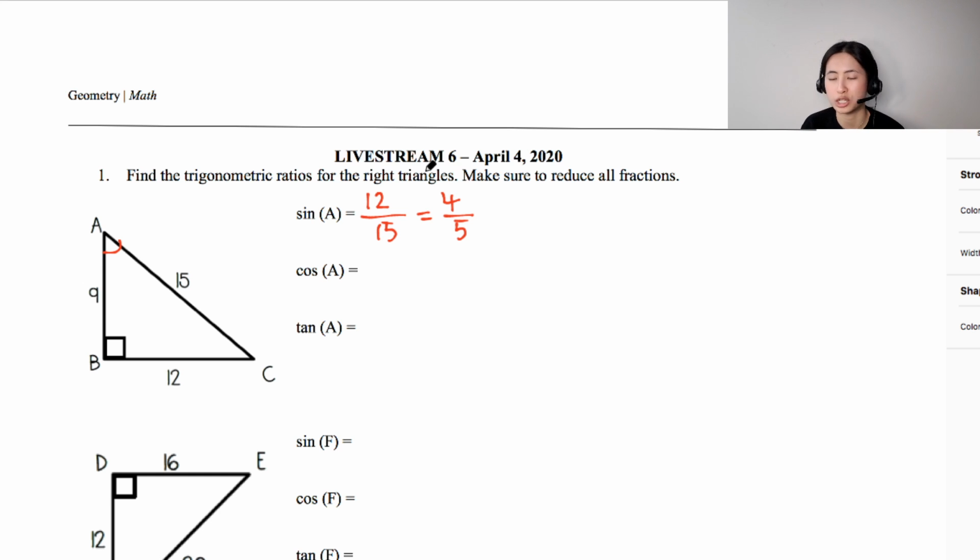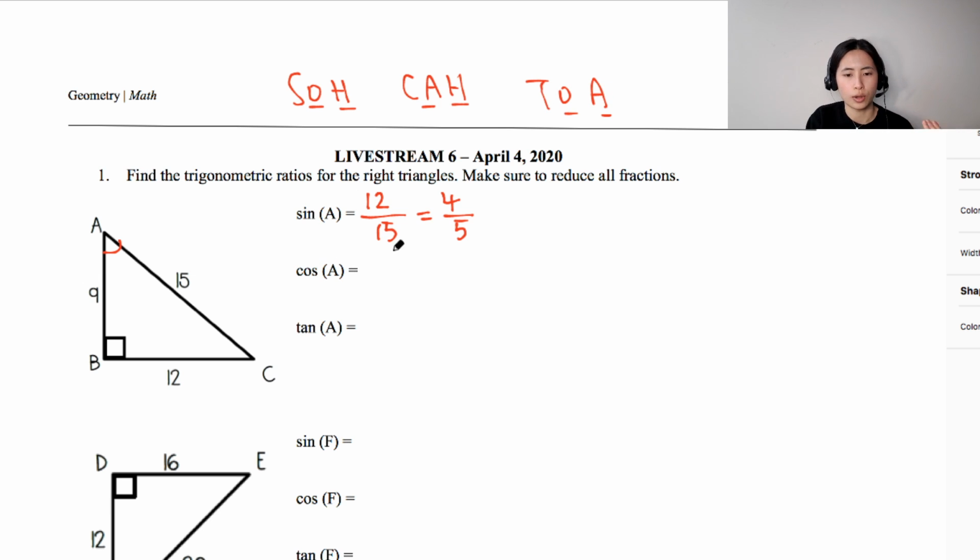And then on the other hand, you would have cosine. So cosine is actually adjacent over hypotenuse. Remember SOHCAHTOA, so CAH: adjacent, and you have hypotenuse. So in that case, let me just write this. Adjacent would be this, 9, and this is going to be over your hypotenuse, which is 15. And just so you know, your hypotenuse never changes, right? So where exactly is your hypotenuse?